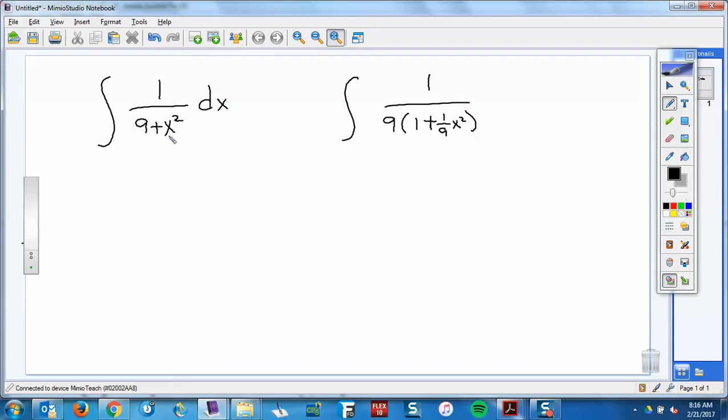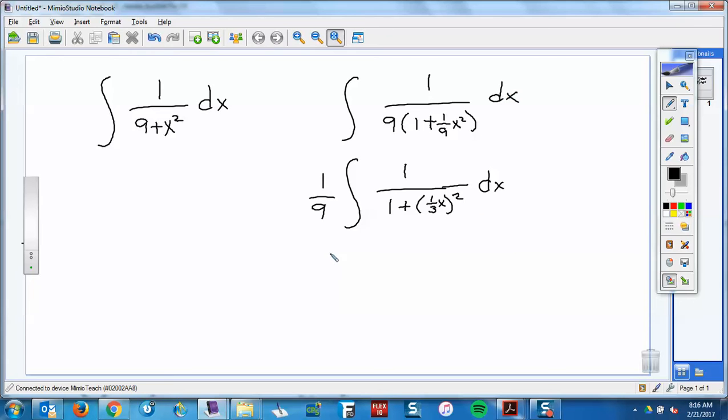So we factor a 9 out of the bottom. It'd be 9 times the quantity 1 plus 1/9 x squared. And then we bring the 9 out, and this would be 1 plus the quantity 1/3 x squared. So all I've done is rearrange it algebraically.